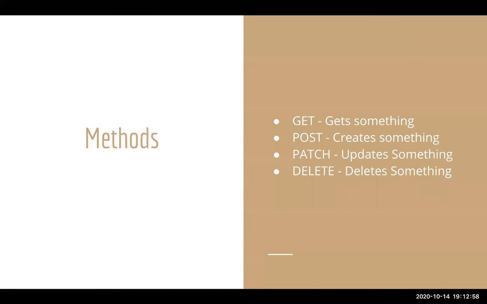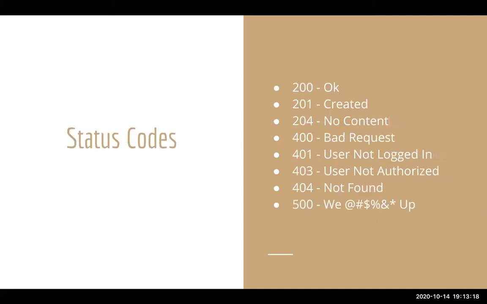There's also patch, which usually updates something. So imagine if you had a user and you wanted to update their profile, and then there's delete, which obviously deletes something. These are known as CRUD, which stands for Create, Read, Update, and Delete.